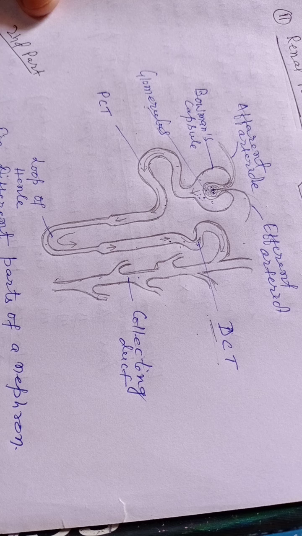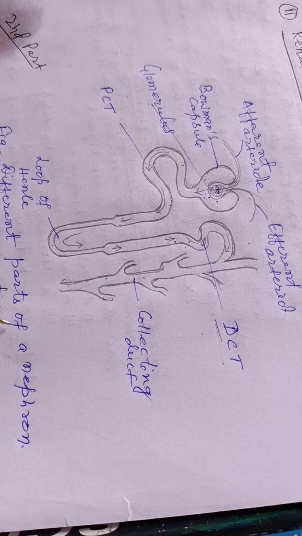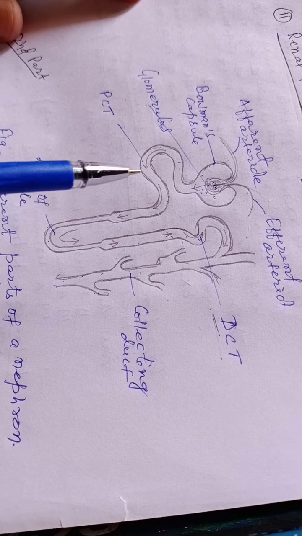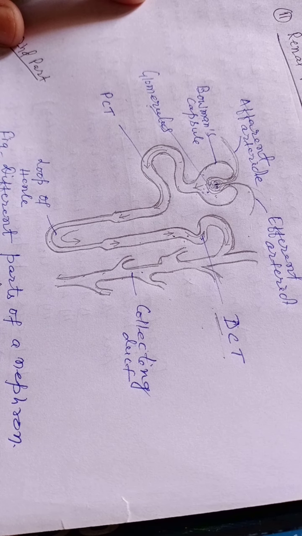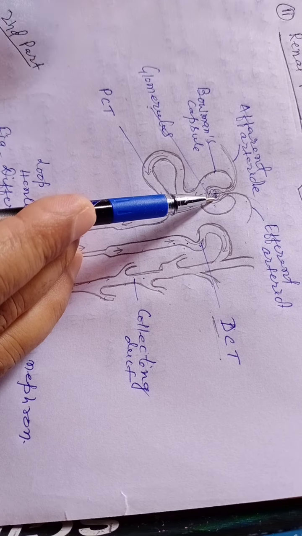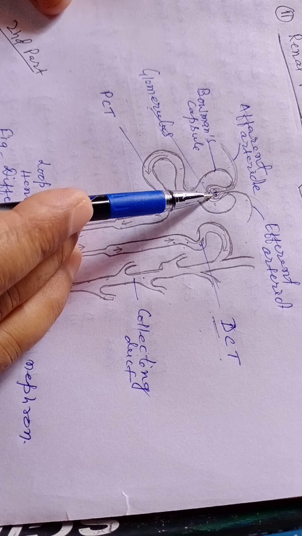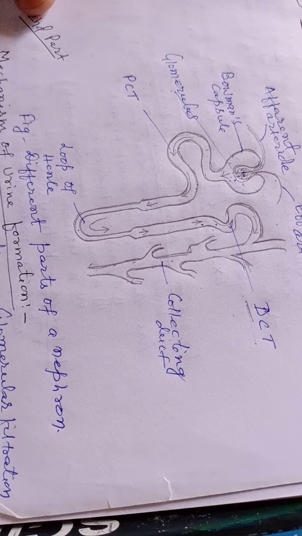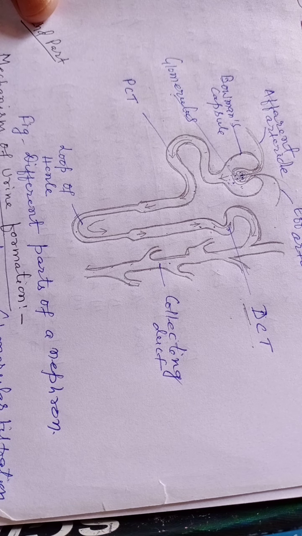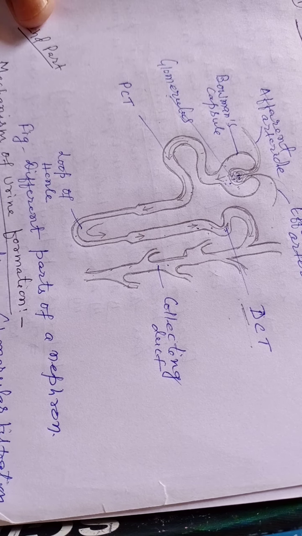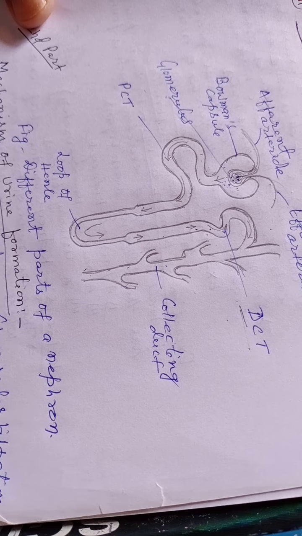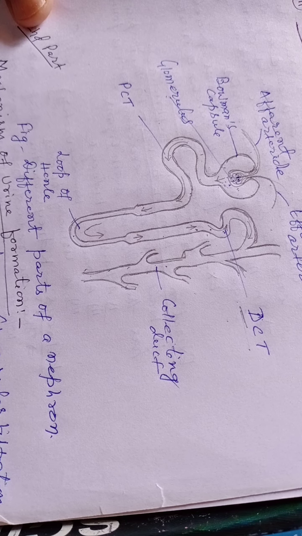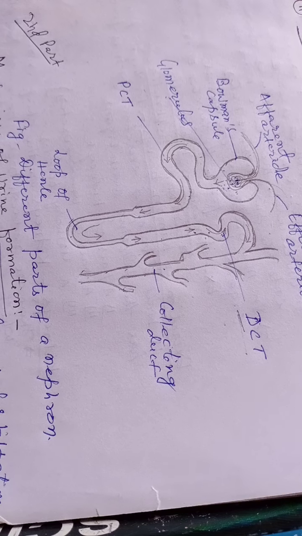The first step, there are mainly 4 steps for urine formation or for removal of nitrogenous waste. So the first is glomerular filtration, as it is done with the help of glomerulus. It is also called ultrafiltration.